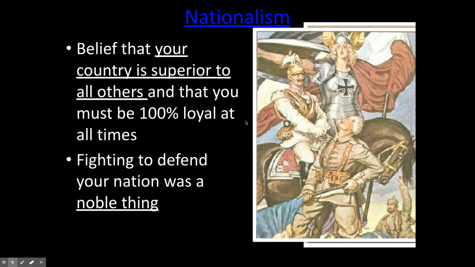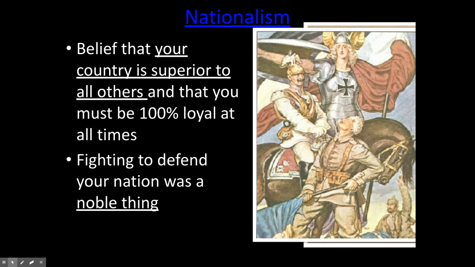And nationalism is a pejorative thing. It's a negative term. You don't say, "Man, I just want to be a nationalist." Generally speaking, nationalism is looked at as short-sighted, and this is why, because it's a belief that your nation is superior no matter what.